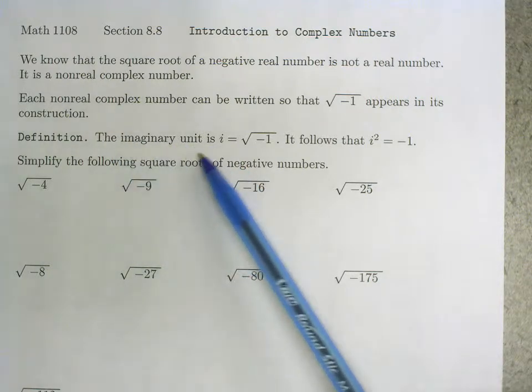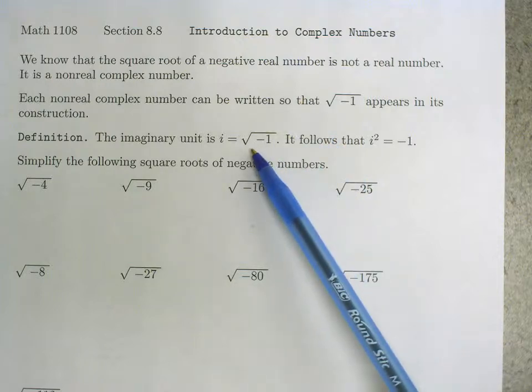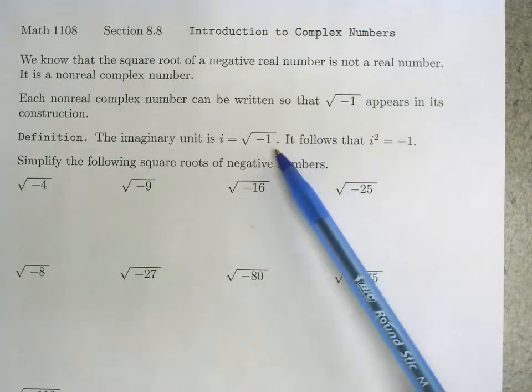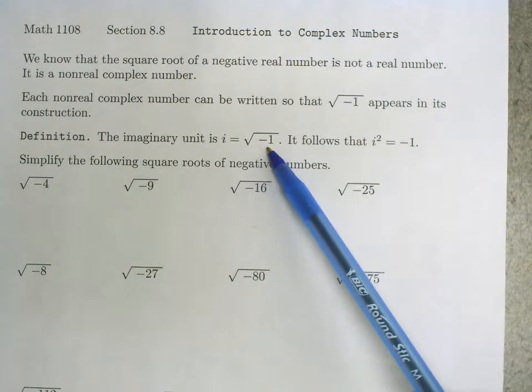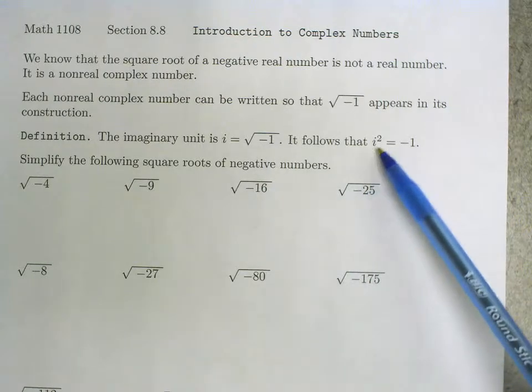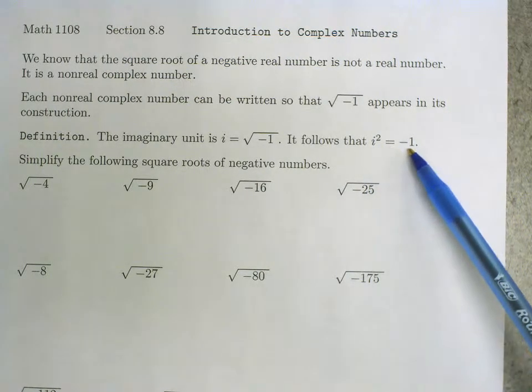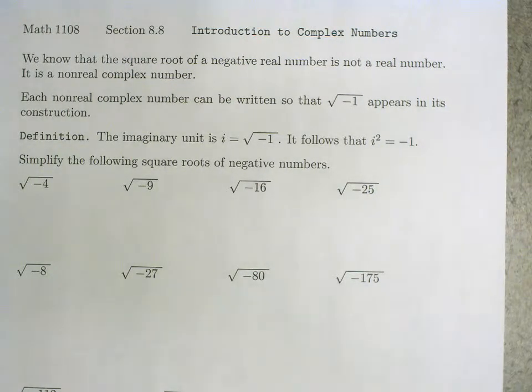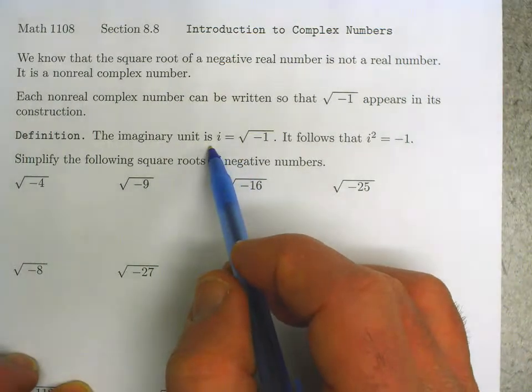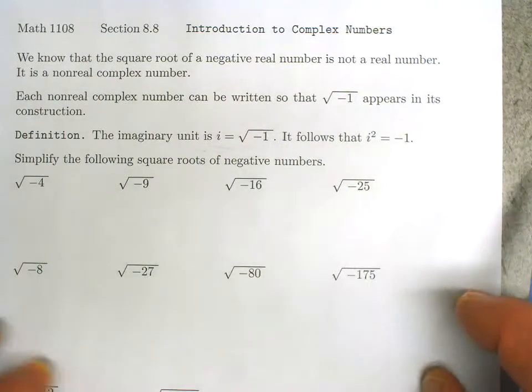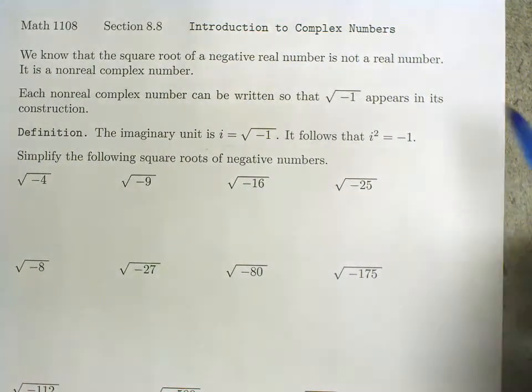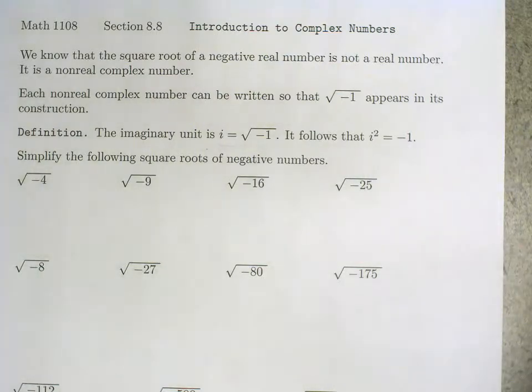The imaginary unit is i, which is the square root of -1. So it follows, if you square both sides of this equation, that i squared equals -1. So both of those are important to remember. i is just the square root of -1, and i squared is -1.